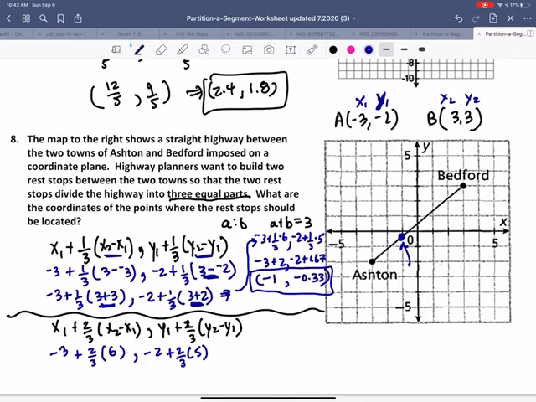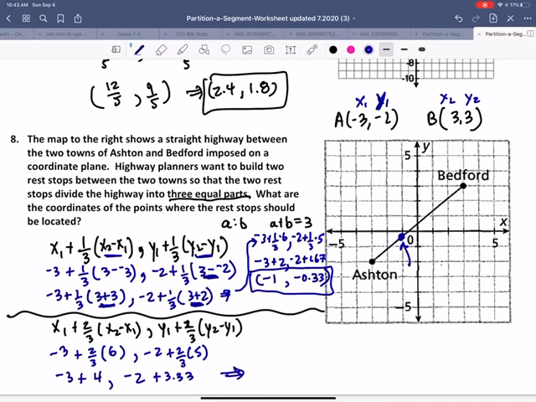Okay, so cleaning this up, -3 plus 2 times 6 is 12, divided by 3 is 4. And 2 times 5 is 10, divided by 3 would be a decimal. So 10 divided by 3 is 3.33.